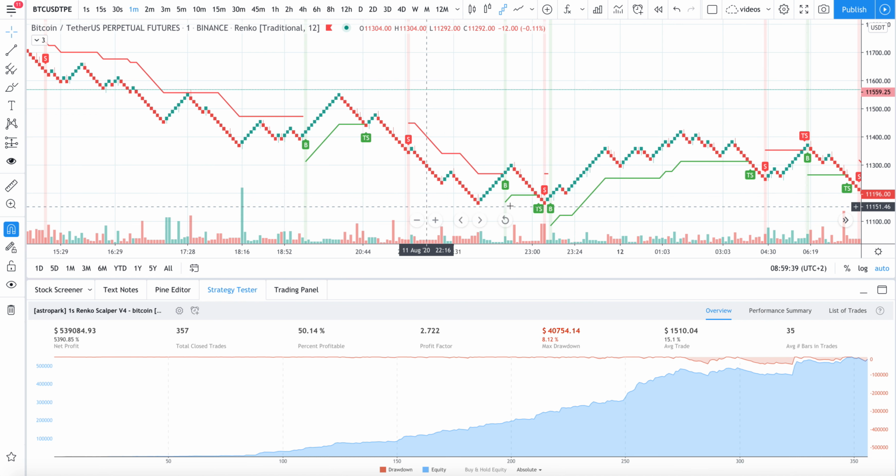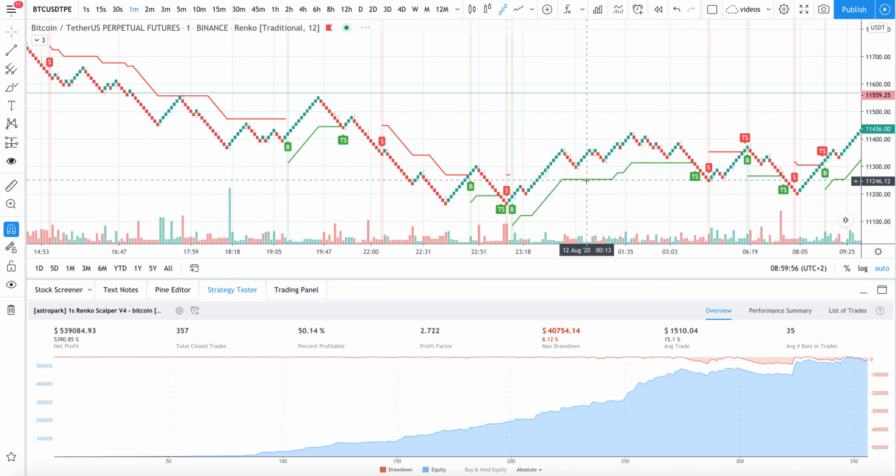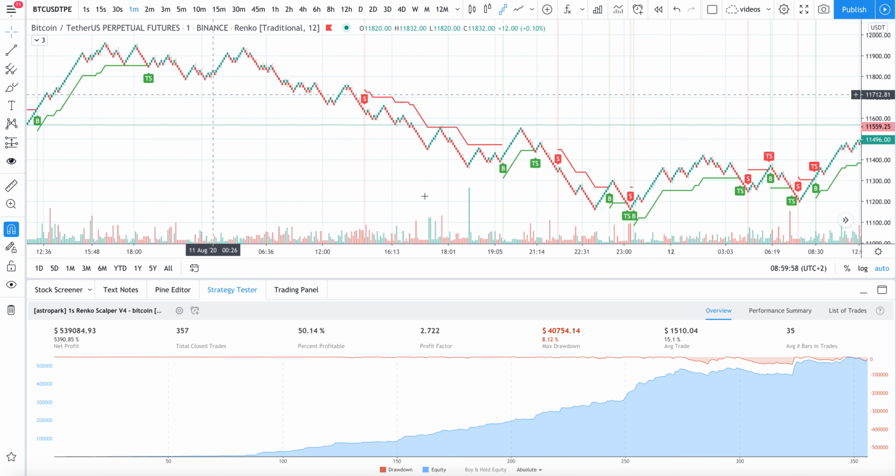I suggest you manually trade this also, because if you have volatility, it's pretty easy to make money. You don't need to do something really complicated.